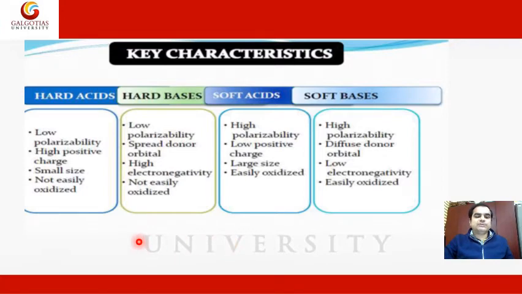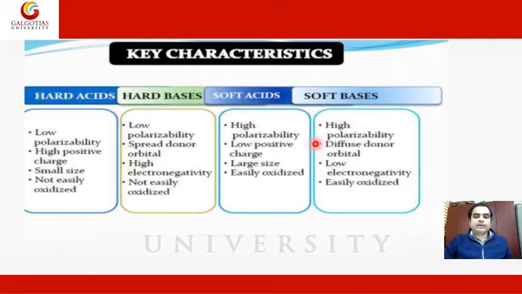For a species to become a hard acid, it should have low polarizability, high positive charge, small size, and it should not be easily oxidized. To become a hard base, a species should have low polarizability, spread donor orbitals, high electronegativity, and it should not be easily oxidized.